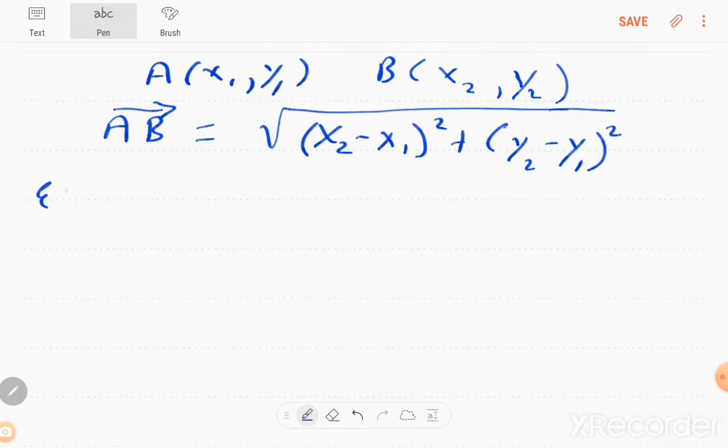So, for example, find the distance between, let's say A is the point (2, 5) and B is the point (6, 8). Find the distance between these 2 points.